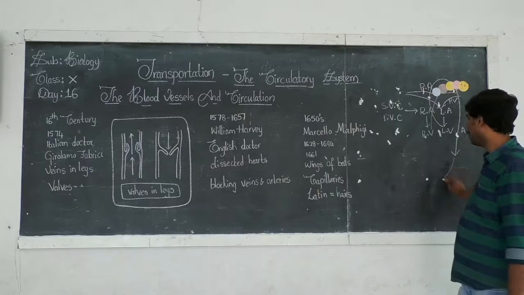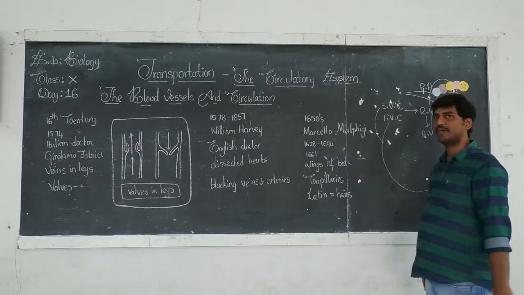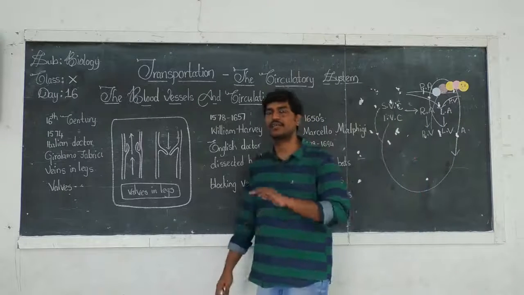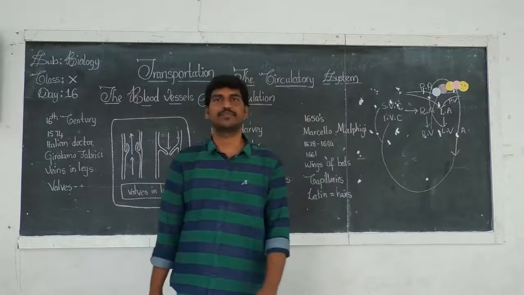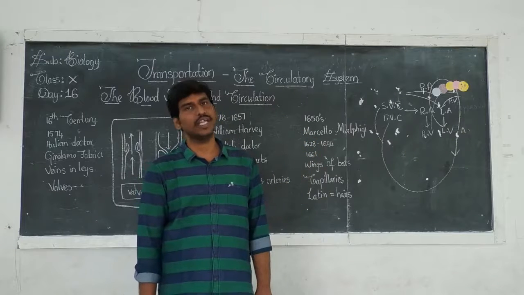And once again, from all the body parts, the inferior vena cava from the lower body parts and the superior vena cava from the upper body parts carry the blood once again to the heart.